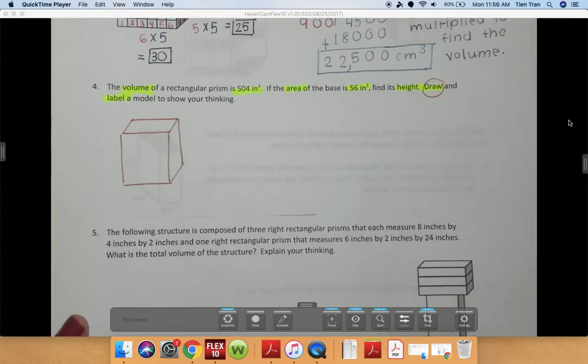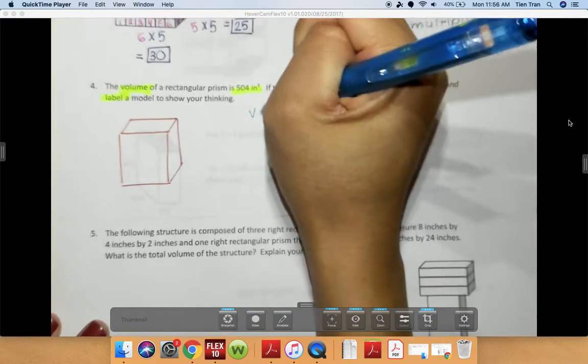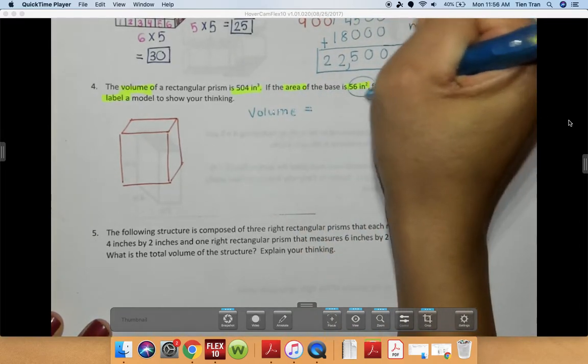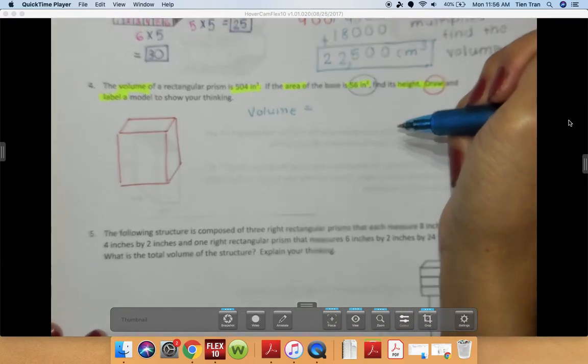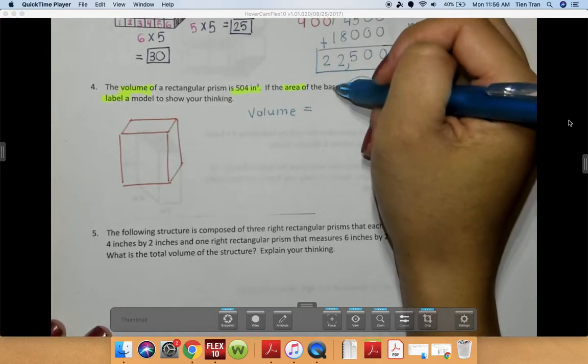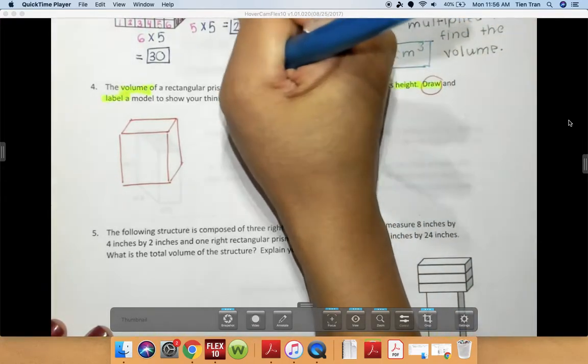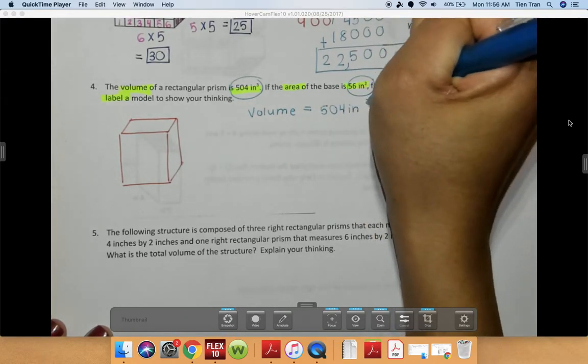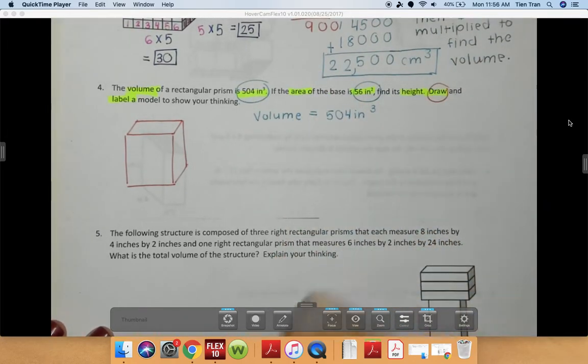So, I know that the volume is equal to 56 inches squared. Oh no, that's the base. The volume is 504 inches cubed. But I know what the base is.